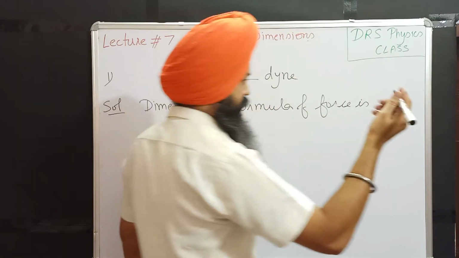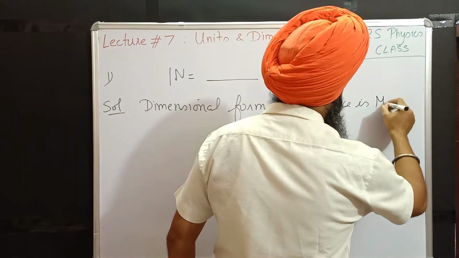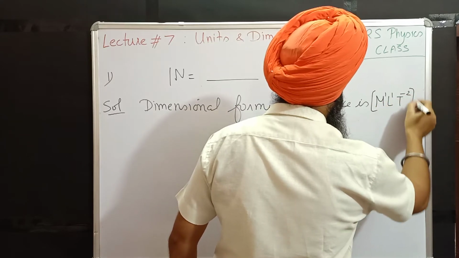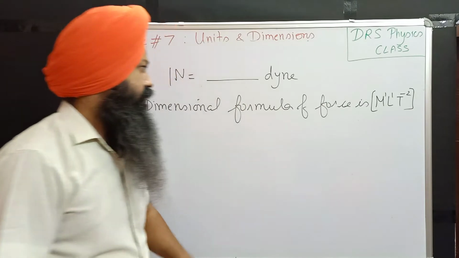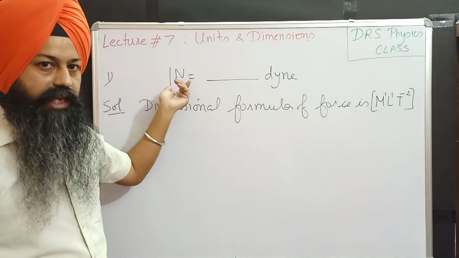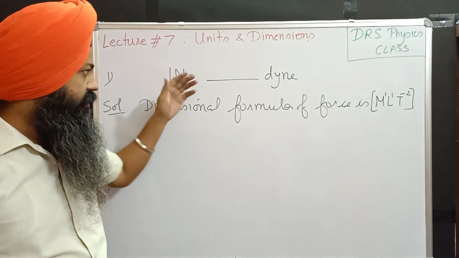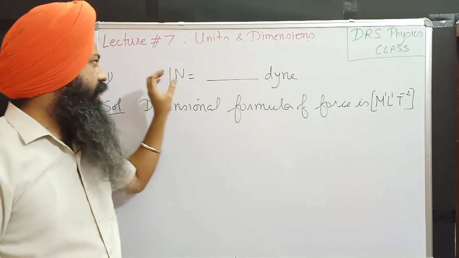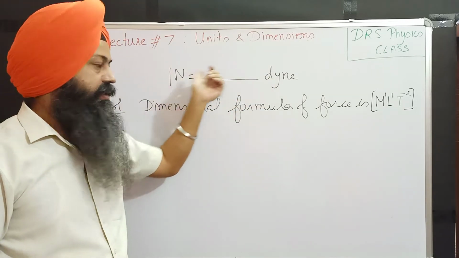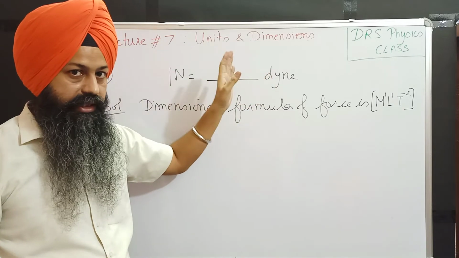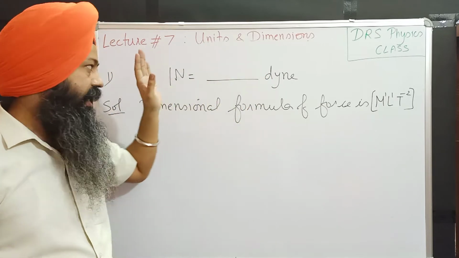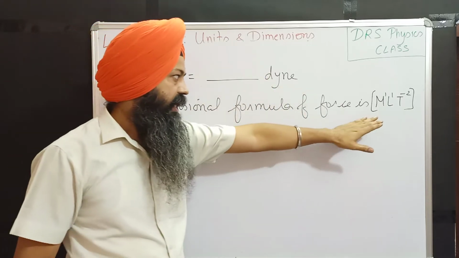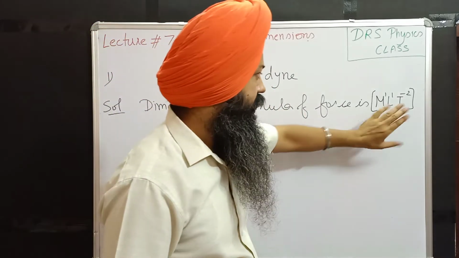Mass into acceleration, M^1 L^1 T^-2. So whatever the quantity is given, it is the same here. Force on the left side, force on the right side. The only change is in the numerical value and the units, but the quantity is the same. So we have written the dimensional formula of this quantity.